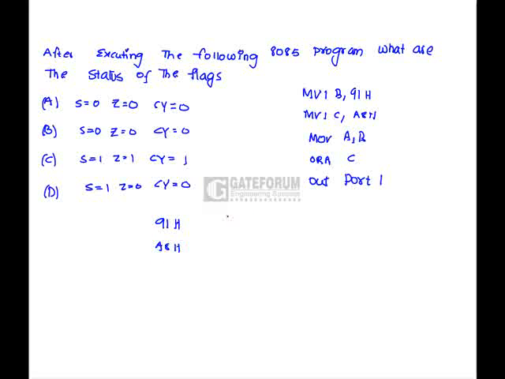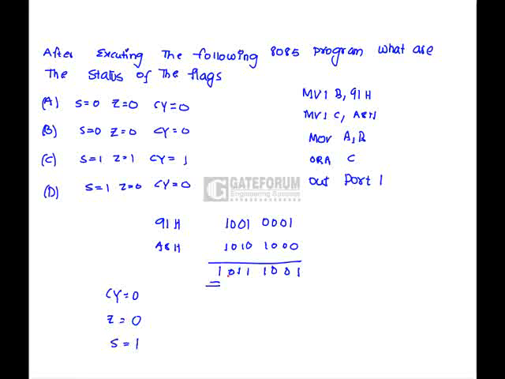So ORing of these two numbers, that is 1001 0001 and 1010 1000 for A8H. So ORing of these is 1 0 1 1 1 0 0 1. So carry flag is 0, zero flag is 0, sign flag is 1, that is the MSB bit is 1. So option D is correct.